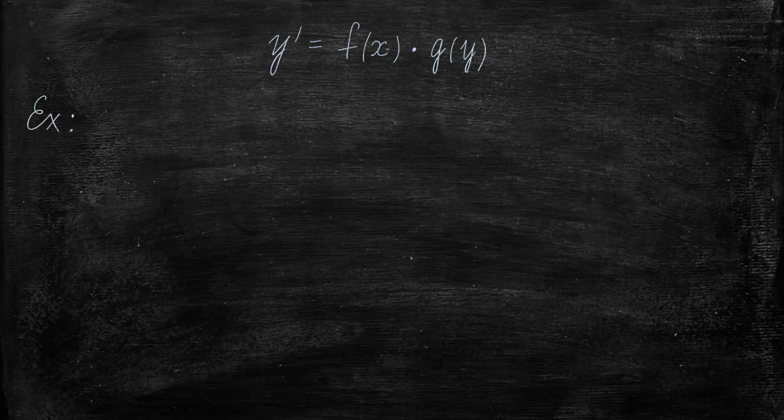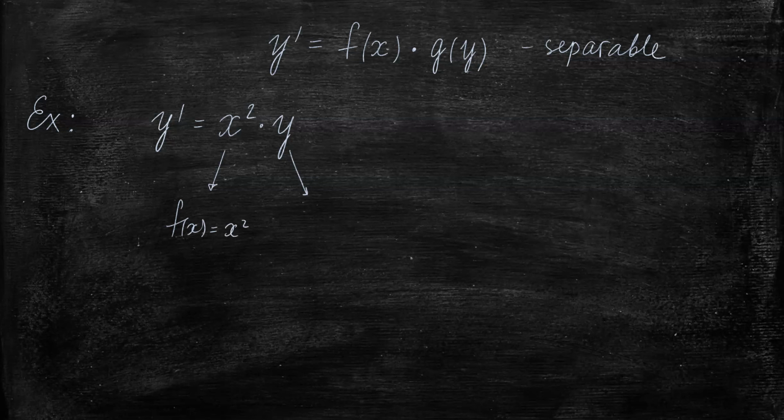So, for example, y prime equals x squared times y is an example of a separable differential equation. Why? Because I can clearly identify my function of x, which is x squared, and my function of y, which in this case is y.